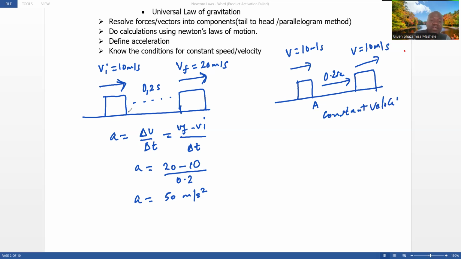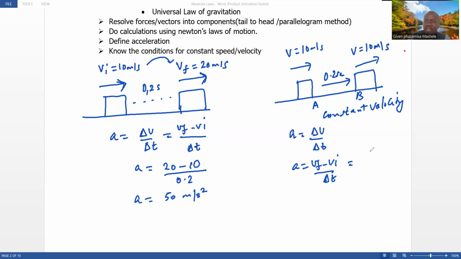Before, the velocity changed from 10 to 20. Now the velocity did not change. How do we calculate acceleration? Change in velocity over change in time. Final minus initial over the time.